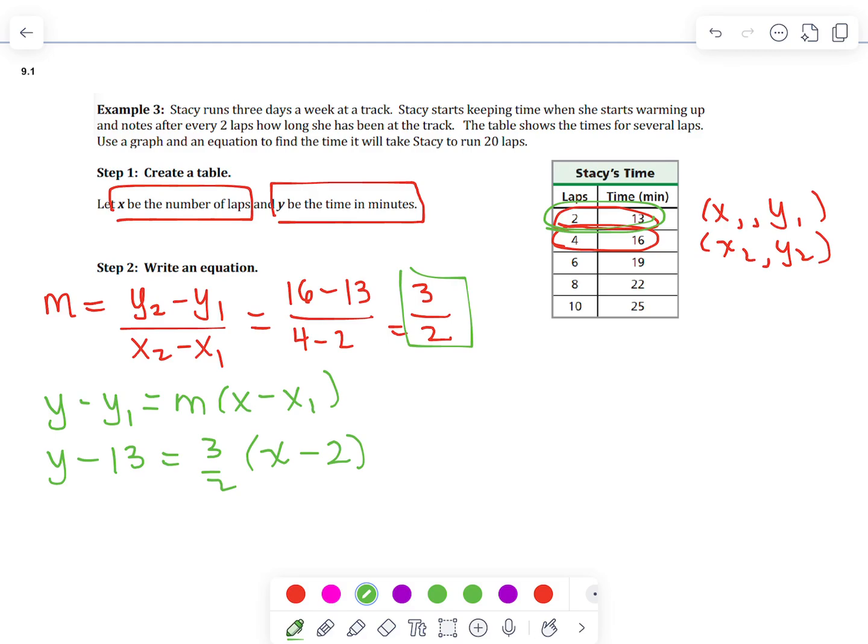And now we're going to convert this to slope-intercept form. To do that, we're going to distribute the 3/2 into that binomial. So 3/2 times x is 3/2 x. 3/2 times negative 2 is negative 3.